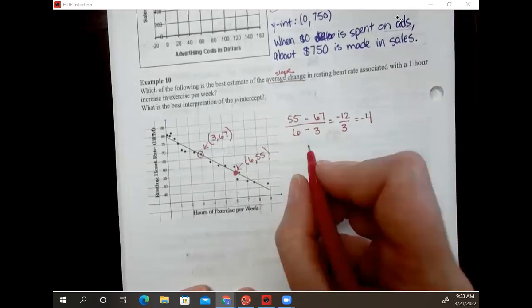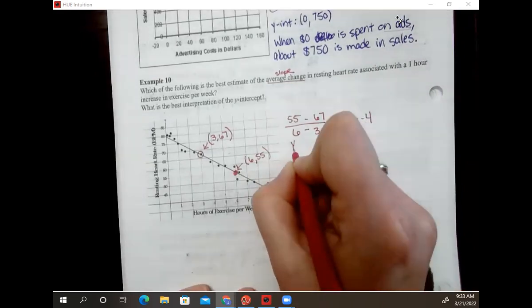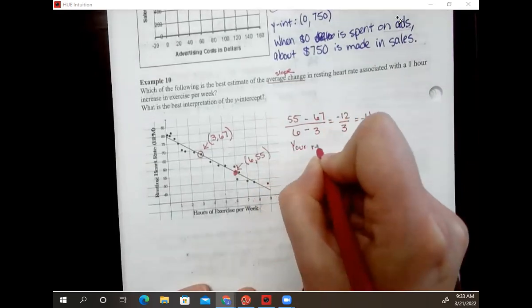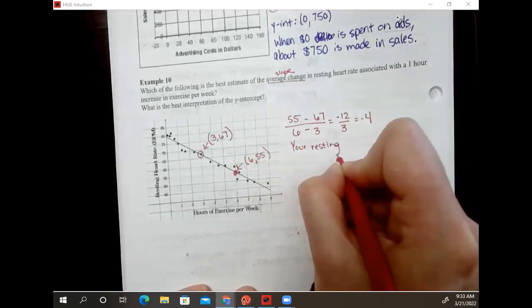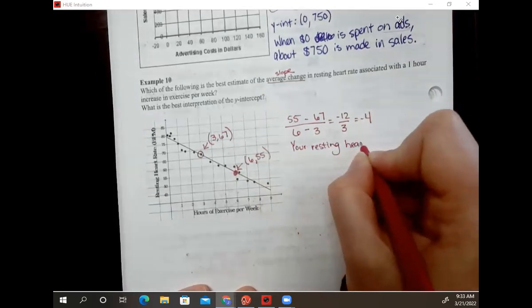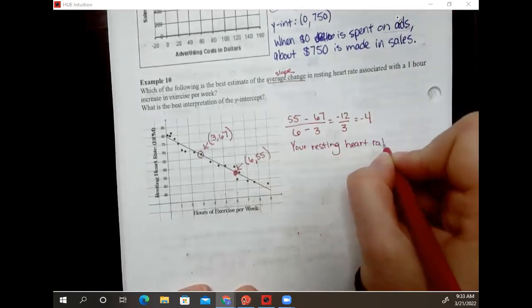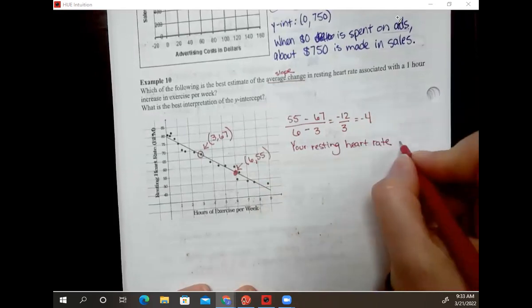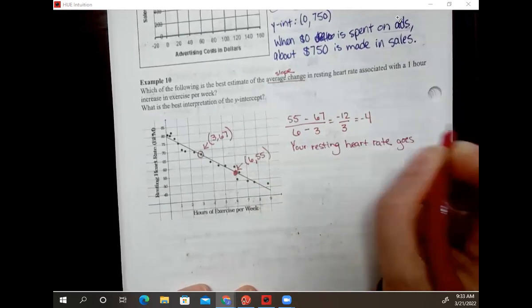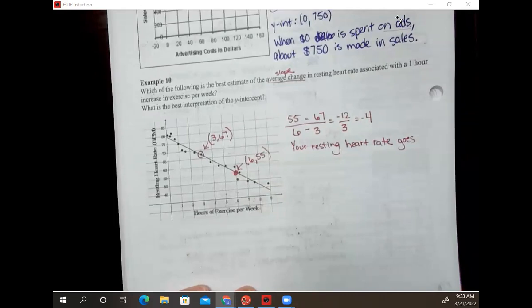So this means that your resting heart rate goes down. Since this is negative, goes down. If it were positive, it would be going up.